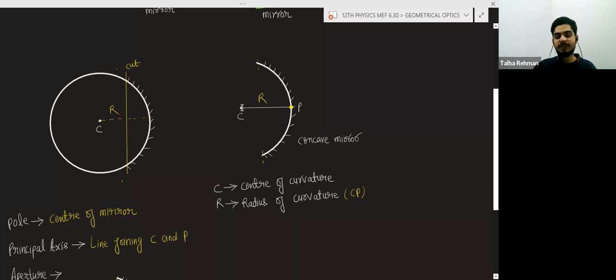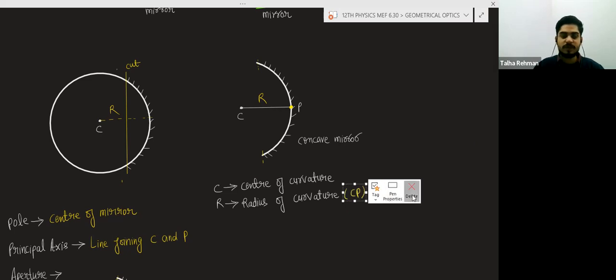The distance between the center of curvature and the pole is known as the radius of curvature. So the CP distance is the radius of curvature.